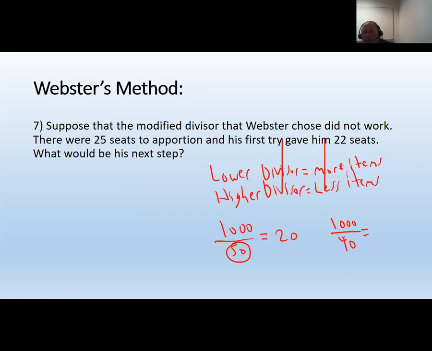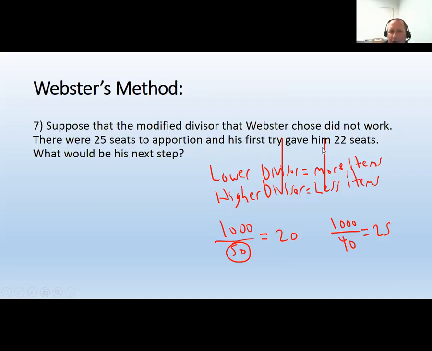Now 1,000 divided by 40 is 25. So when we had a modified divisor of 50, we were apportioning 20 items, and if we divide by our modified divisor of 40, which is lower than 50, then we are allotting 25 items. And what you're trying to do here is allot more items.